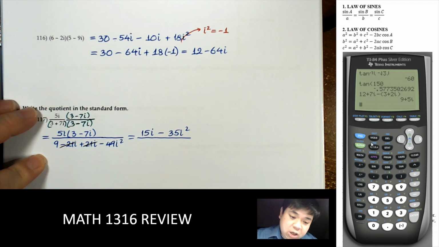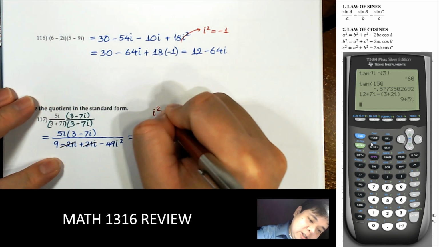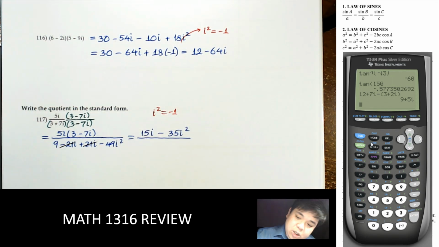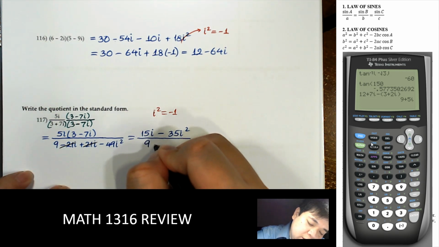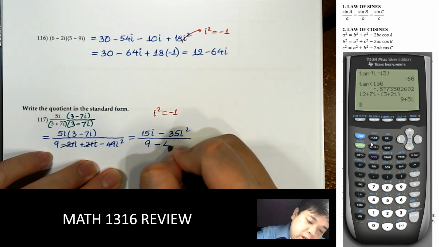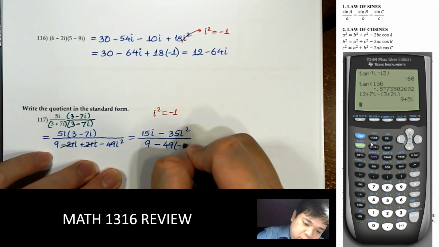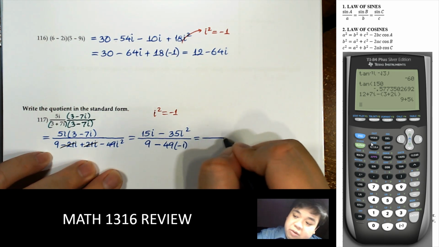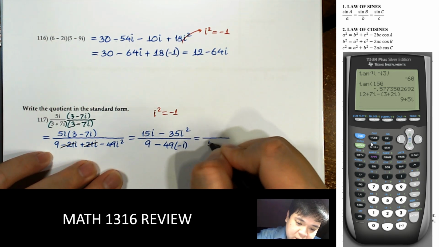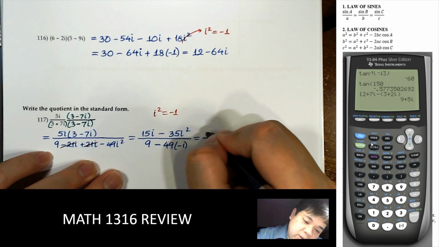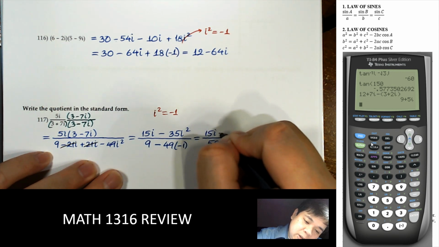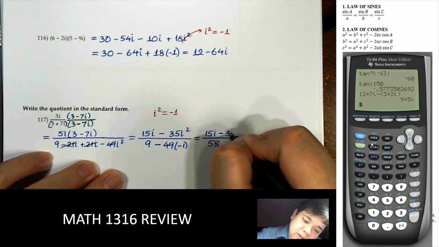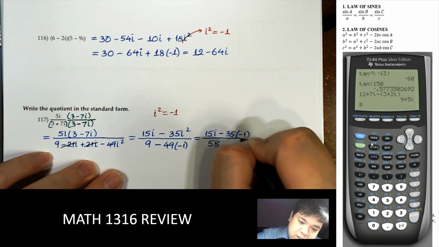i squared is always negative 1. So at the bottom we have 9 minus 49 times negative 1, since i squared is negative 1. 49 plus 9 is 58. And on top we have 15i, and again i squared is negative 1.